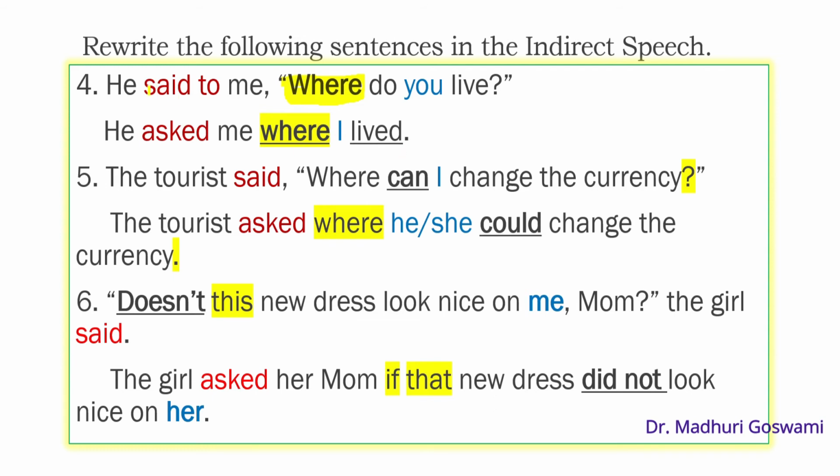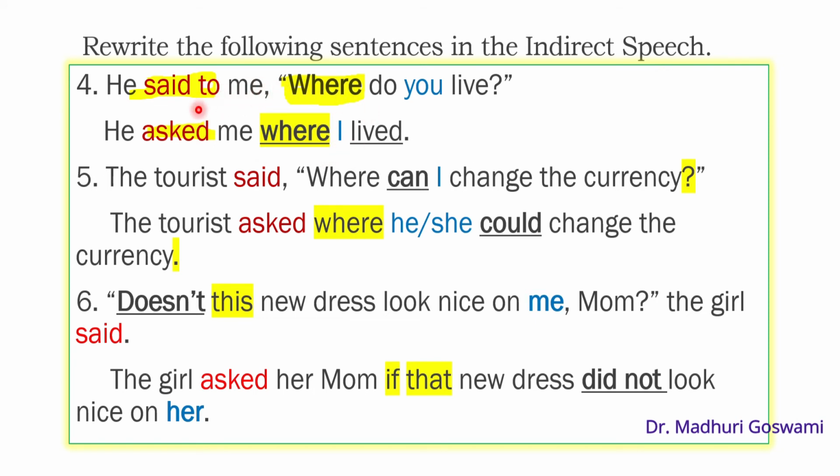The first change is the simple one, that is, the reporting verb said to becomes asked. Next, use of the conjunction word, and that is the same WH word that is used in the question of the direct speech. So, where becomes the conjunction word here that joins these 2 clauses.